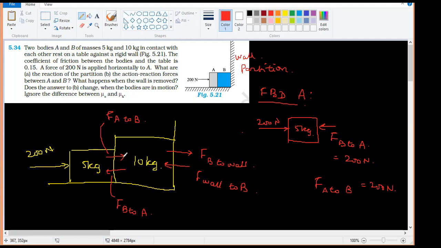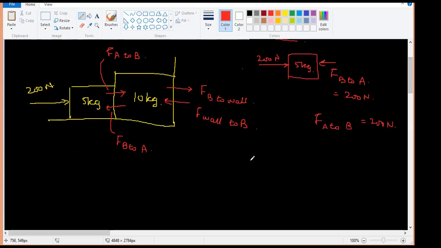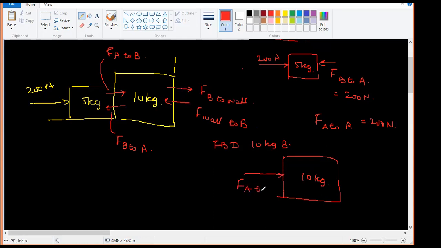If I take the free body diagram of the second one, if this is 200, this is also 200, which means this will also be 200.